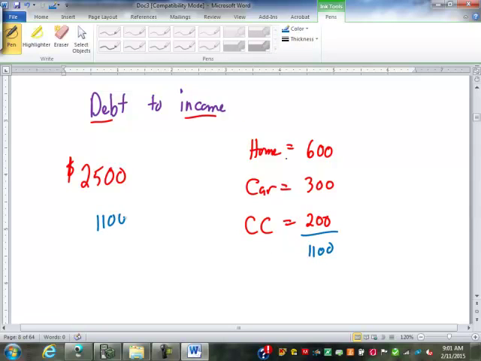So it's 1,100 to 2,500, which is an 11 to 25. That's actually about a 0.44 or a 44%. If you're above 30% right now, or 33%, usually a 1 to 3. So 30 to 35% is what they're looking for. So this person here would probably not be a good candidate for another loan.